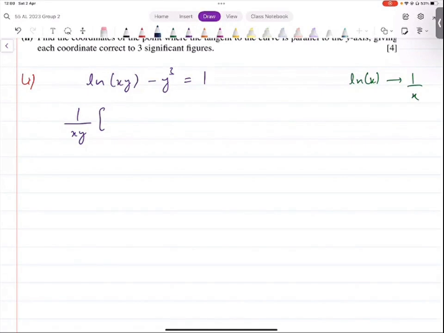Okay, 1 over xy, अब xy के डेरिवेटिव से मल्टीप्लाई करेंगे, x को u कंसिडर कर लें, y को v कंसिडर कर लें, x as it is, y का डेरिवेटिव क्या होता है dy over dx प्लस u का डेरिवेटिव which is 1, x का डेरिवेटिव 1 है, into y as it is, यानी v जो है वो वैसे रहा है 1 into y. Does that make sense to everyone?